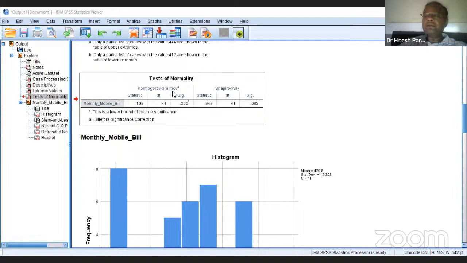This is the statement of the null hypothesis, H0. Now, what p-value are we getting? Both p-values are greater than 0.05.